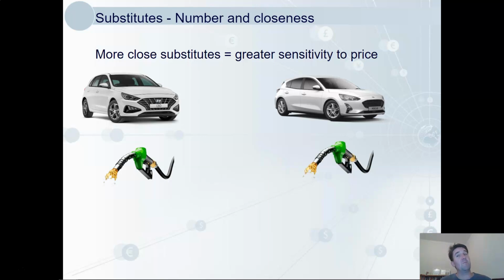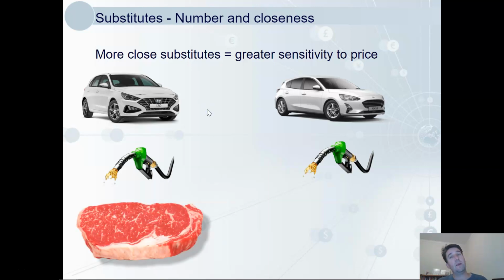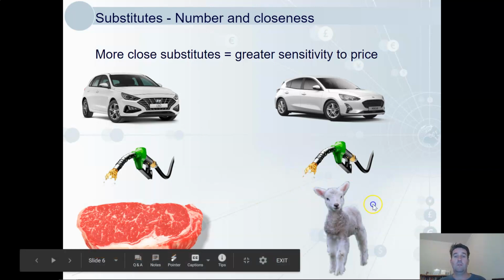The price of petrol goes up, you're going to buy petrol. This means that demand for petrol would be more inelastic. What about beef? It's red meat, it's a source of protein, but it's not the only thing that does that. You could eat one of these little guys, lamb, instead. Demand would be relatively elastic here because there is a close substitute.